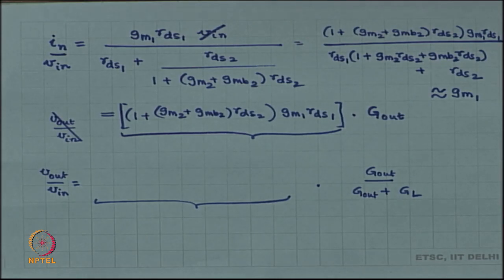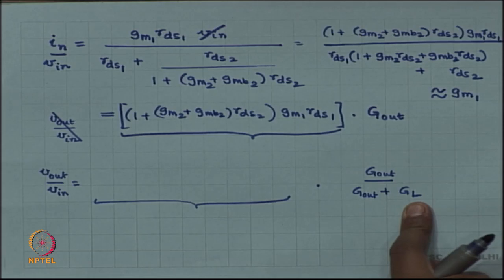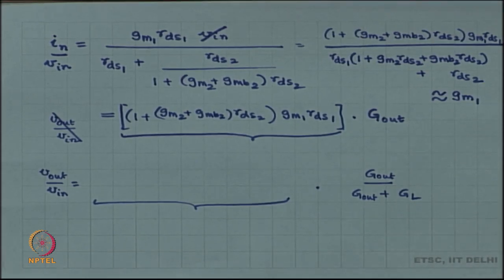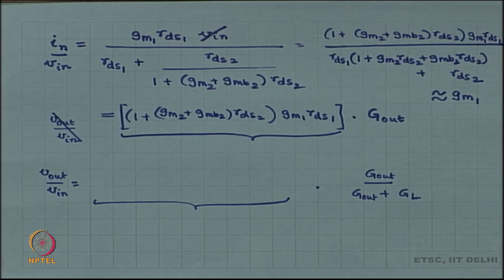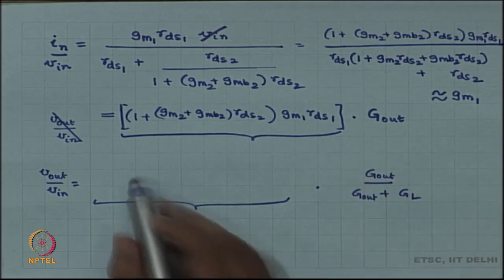All right. Now, we just have to work out the gain. Let us assume that GL is very large, in which case this is equal to 1. Let us just assume. Then what is the voltage gain?